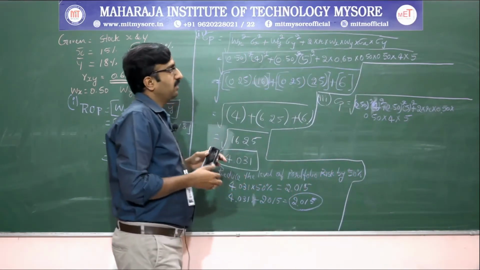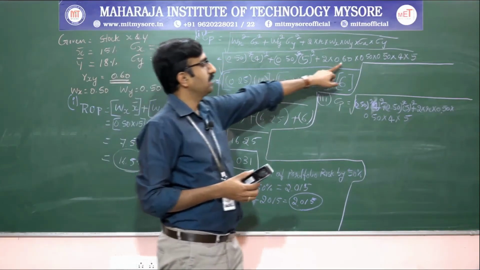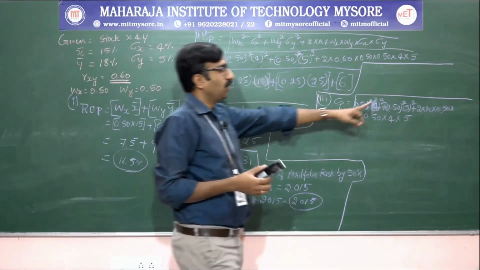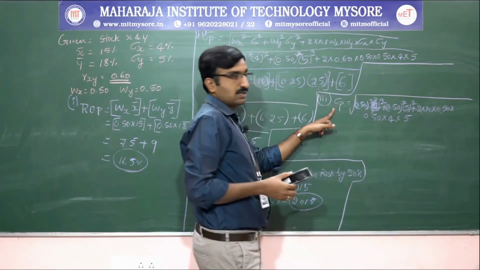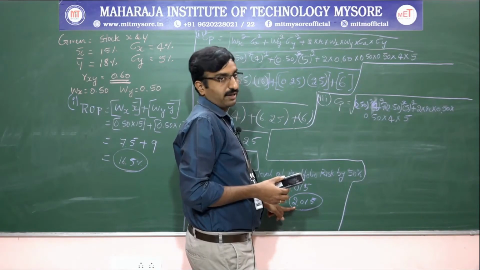We have to apply the same formula, but here the r value was given earlier, that is 0.60. Here we have to find out the value of r by taking into consideration the standard deviation, that is 2.015.